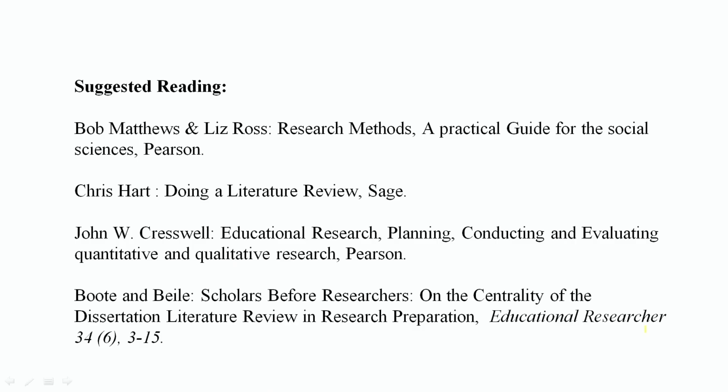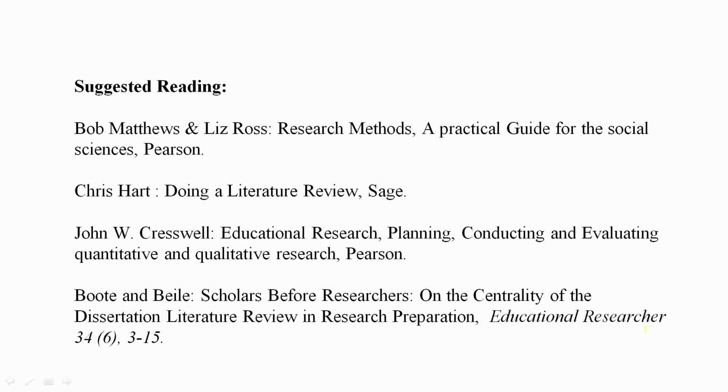I recommend you few books and a research paper which will be helpful for you to have a better insight on conducting review of literature. The most popular and accepted literature source is by Chris Hart, who extensively wrote on conducting review of literature. The two other books which I recommended here, Bob Matthews and Creswell.